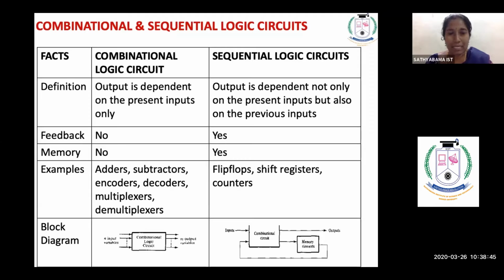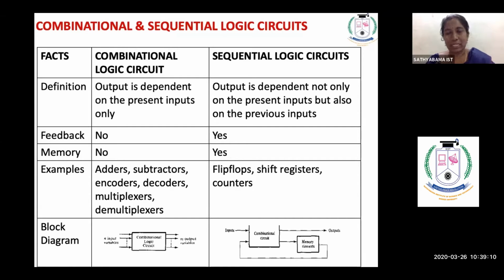So in a combinational logic circuit, people will not have memory, and hence there will not be any feedback. Suppose there is feedback, and they remember what I have done previously, then they become examples for a sequential logic circuit. So I have given you a tabular column here.